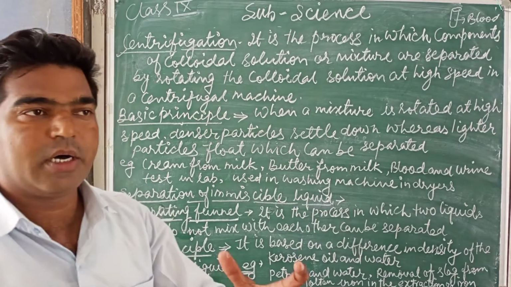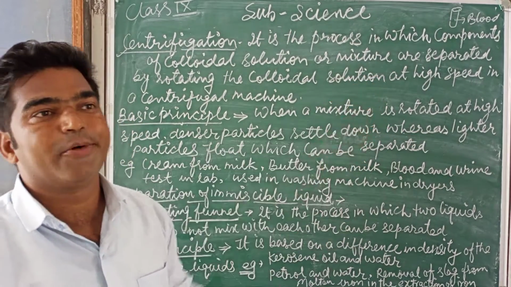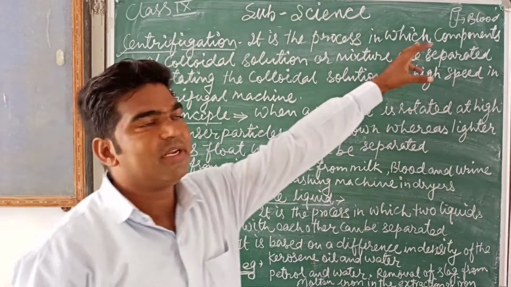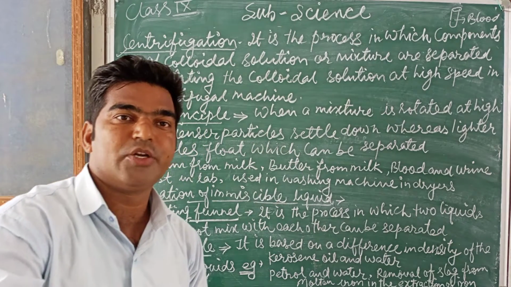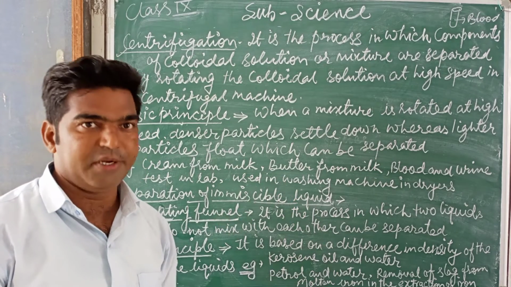Simply we want to identify the different components, or for the blood test. We are taking the blood sample in the test tube and that test tube is put into the centrifugal machine, and that centrifugal machine rotates at very high speed.